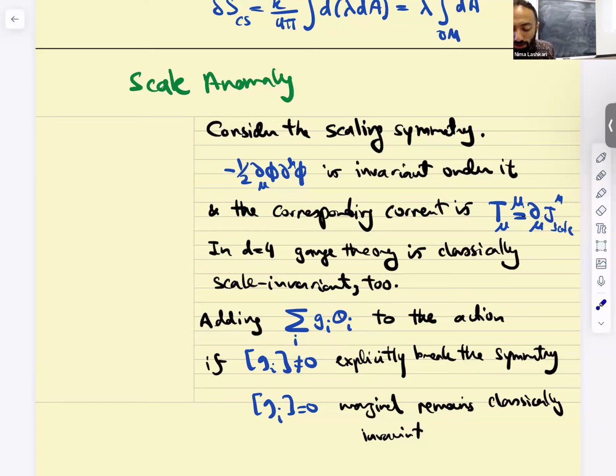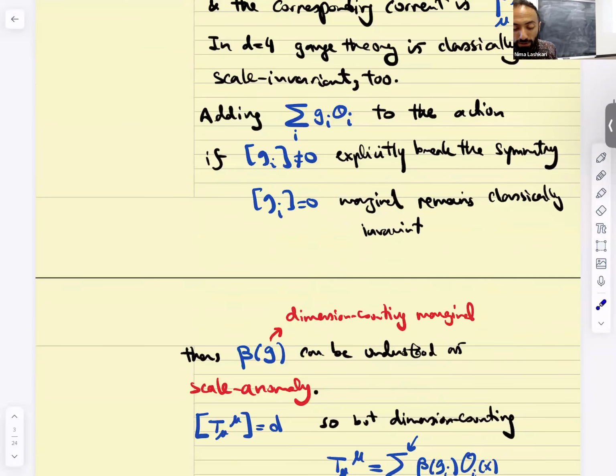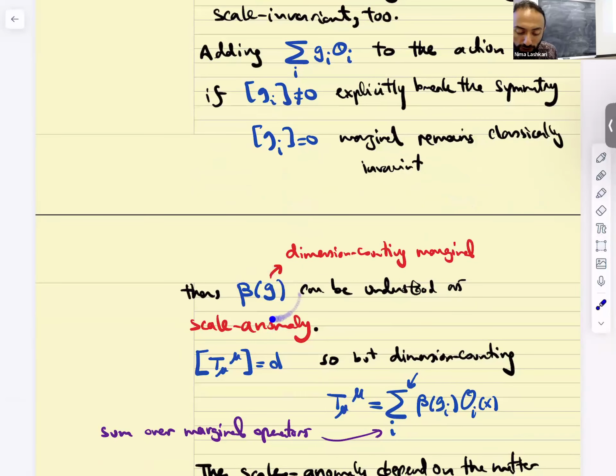But if it's zero, these are classically marginal deformations which might not remain symmetries quantum mechanically. So these are naively marginal deformations, or dimension counting marginal deformations. When you calculate beta of g at one loop, that's precisely the calculation of the trace anomaly, right?